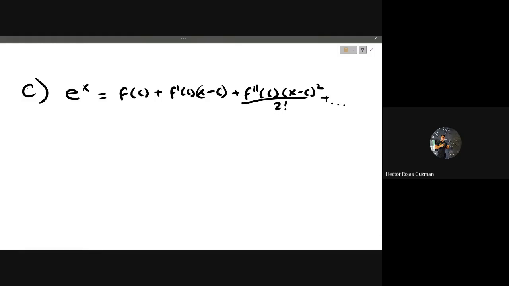But again, if you know it, you know it. But if not, you're going to have to derive it. Okay. The series is 1 plus x squared over 2 factorial plus x cubed over 3 factorial. Those are the first 4 non-zero terms.